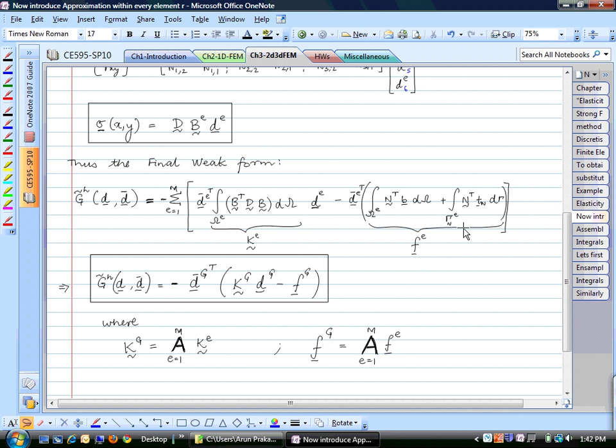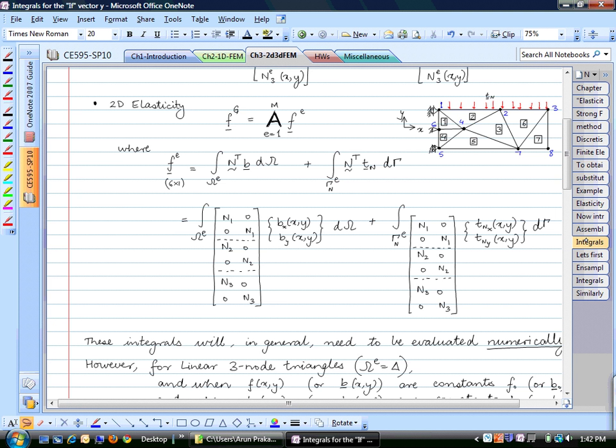Your element force vector is going to be this integral plus this integral. This integral needs to be evaluated over the domain of the element, and this integral needs to be evaluated over the boundary of the element, and only that part of the boundary which has some traction specified. Okay. So let's try to take a look at how to evaluate these integrals.